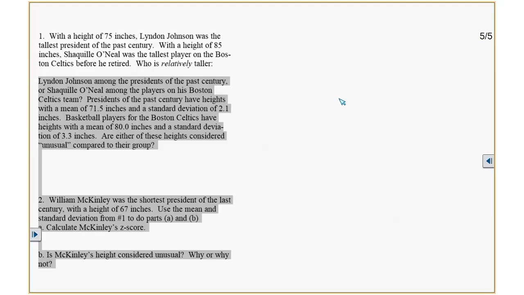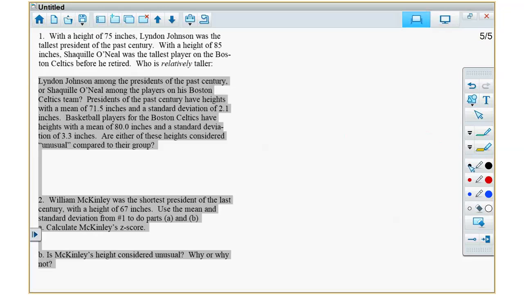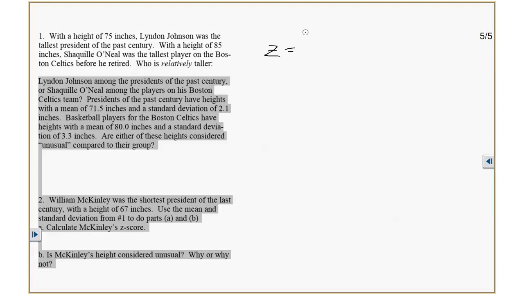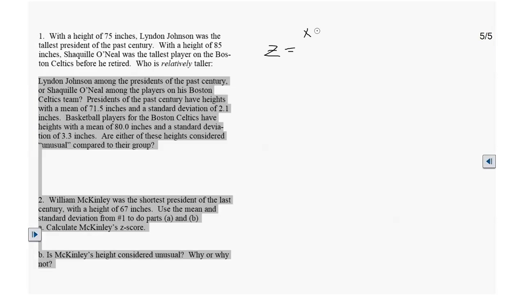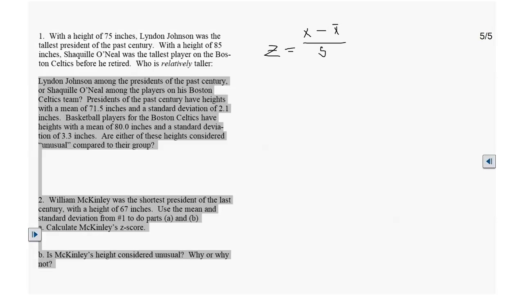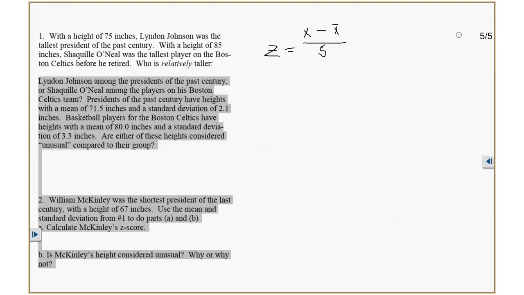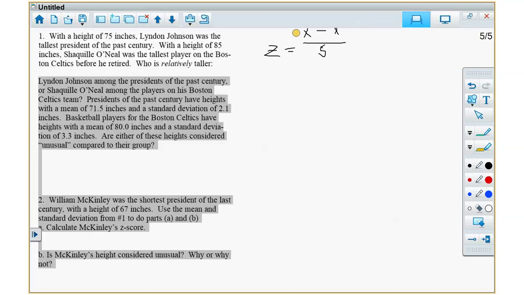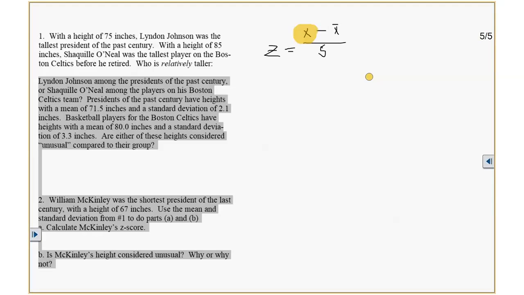All you got to know is the Z-score formula. And the Z-score formula is Z is equal to X minus X bar over standard deviation. Okay? Now, I'm going to take my handy dandy highlighter and highlight that X right there. Your X is going to be what you're given.